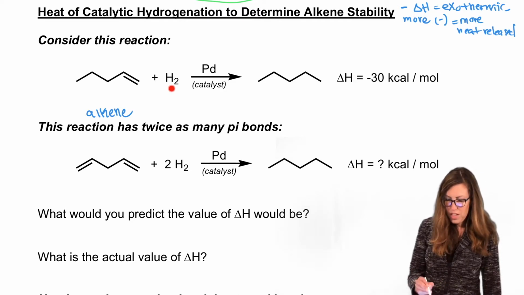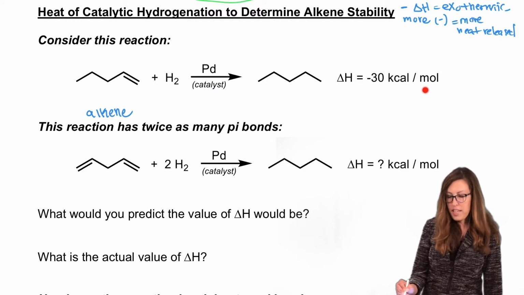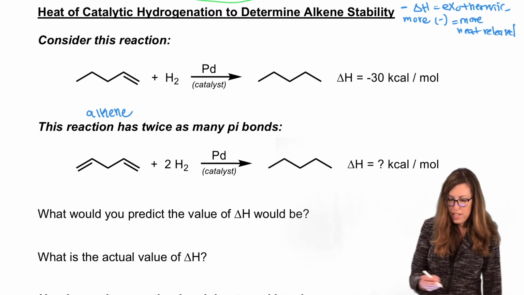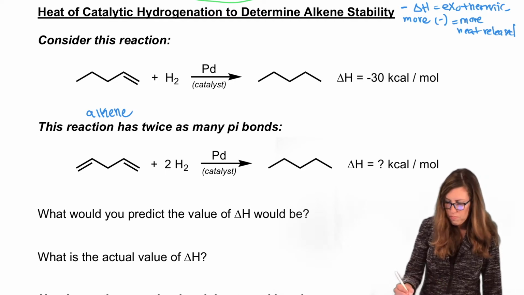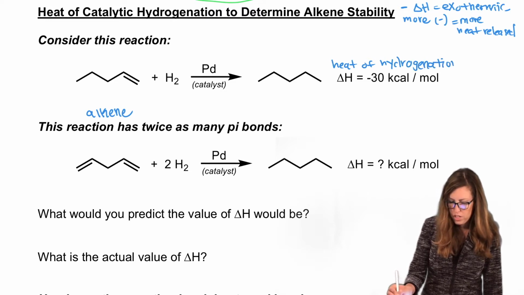You add H across the pi bond, in the presence of palladium catalyst. The enthalpy of reaction is negative 30 kcals per mole. So it's an exothermic reaction, and this would be called the heat of hydrogenation. It's the heat for that reaction.